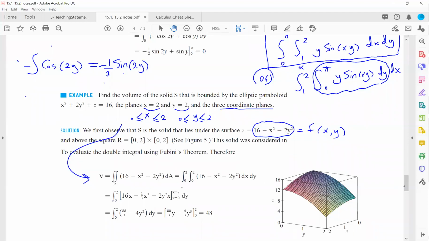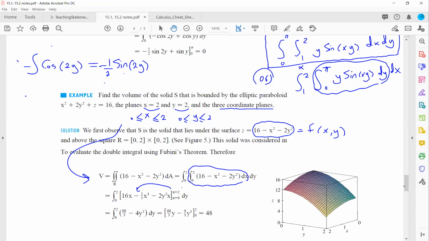So you can take the inside integral with respect to x, which is 16x minus a third x cubed, minus 2y squared. Note that we are taking the integral with respect to x, so we just add a new variable x. Then we start plugging in 2.